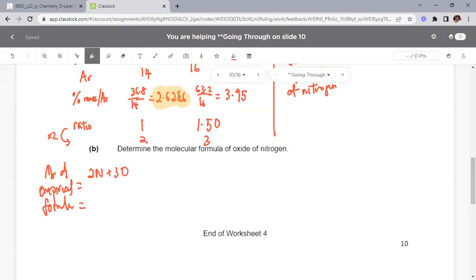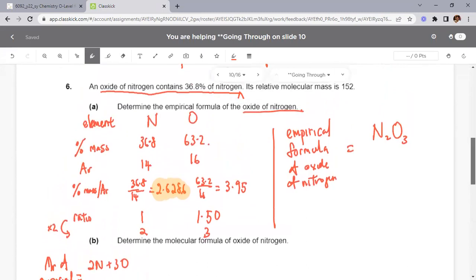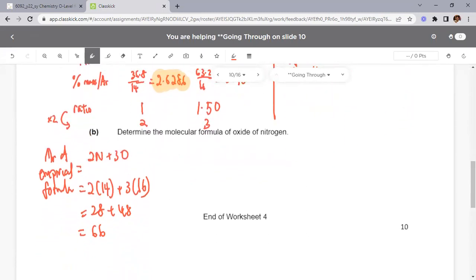So I'm going to get 2 times 14 plus 3 times 16. So 28 plus 48. So I'm going to get 66. Am I going to get 60? No, sorry, not 66, 76. Let me just double check, 28 plus 48. Okay, 76, yes.